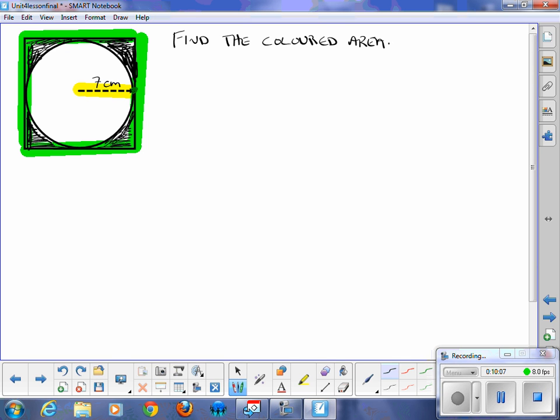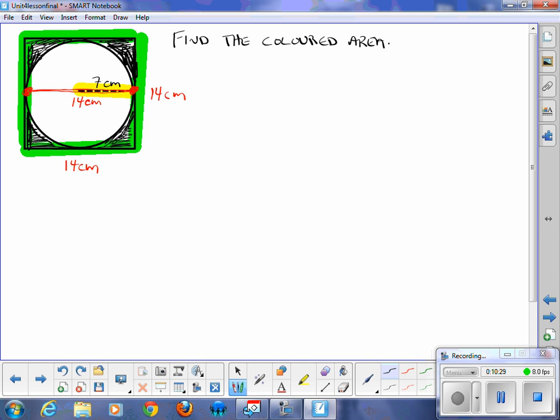You can't see that with green. There we are. Touches that side of the circle, touches that side of the circle. So that means that that is going to be a diameter, which means that's 14 centimeters from side to side, which means that my square is 14 by 14.